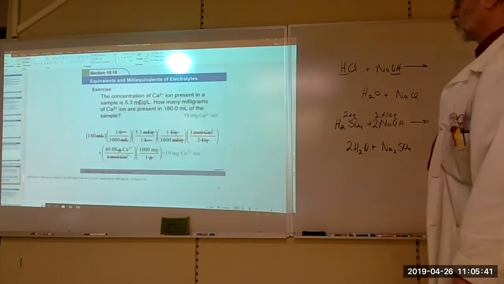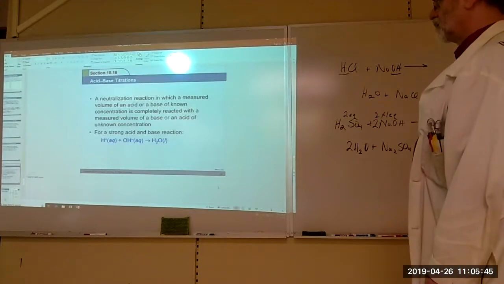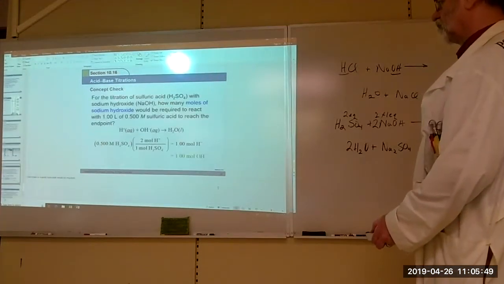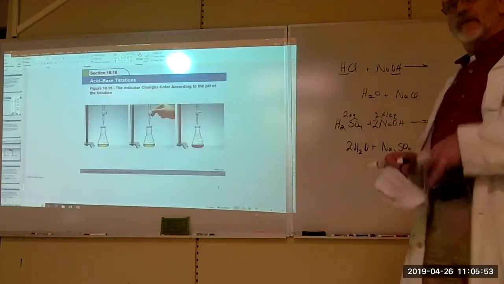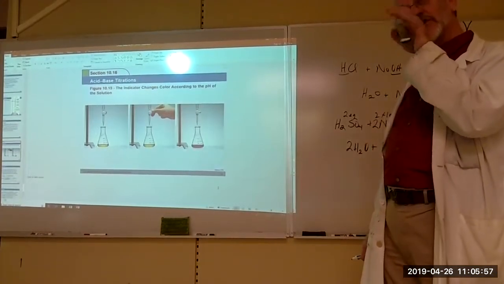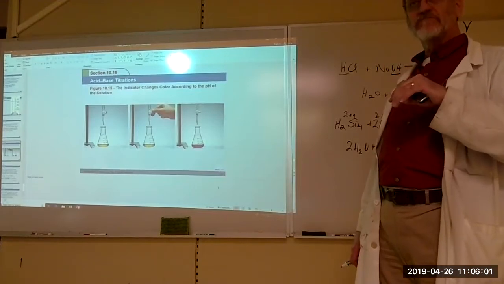Milliequivalents. Here we go. Come on. Well, that's the end point. When the color changes, that's the end point. And you choose your indicator so the color change occurs very close to the equivalence point.